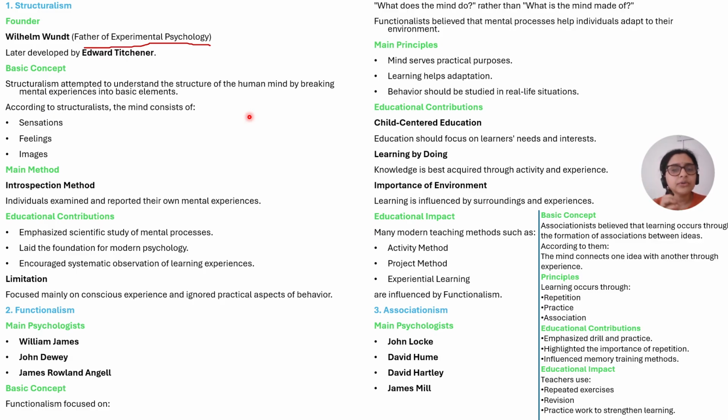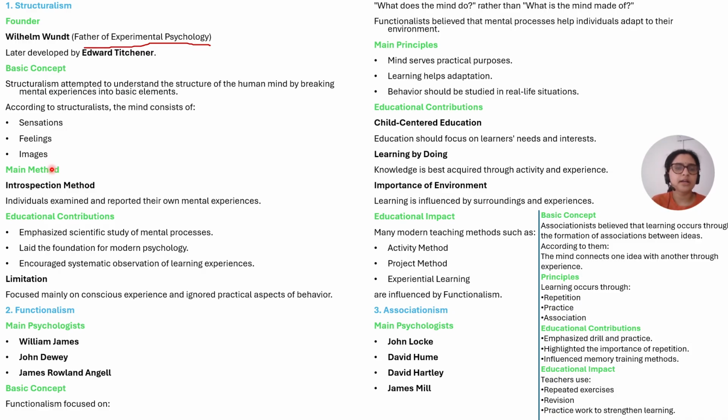According to structuralism, the mind consists of three important parts: sensations, feelings, and images.